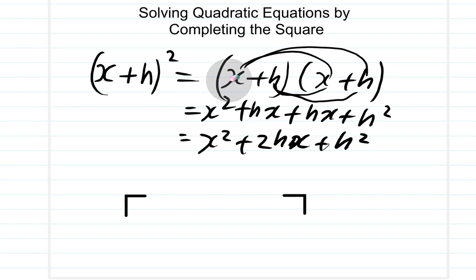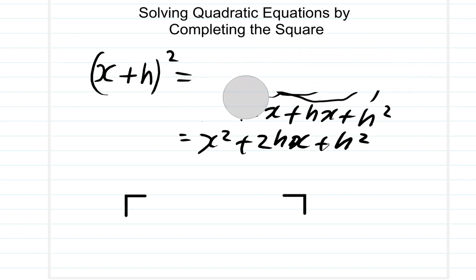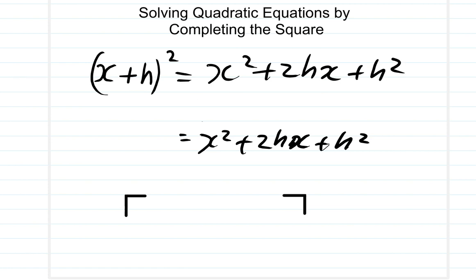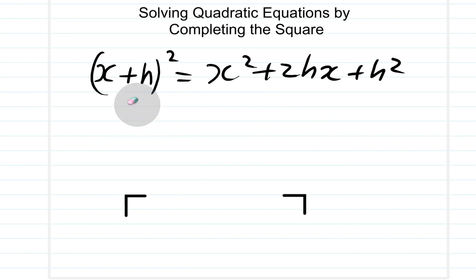Now, let's put it up here. This is a general expression where h is a number. So you have x squared plus 2hx plus h squared. Now what do these mean? Here you have x squared.